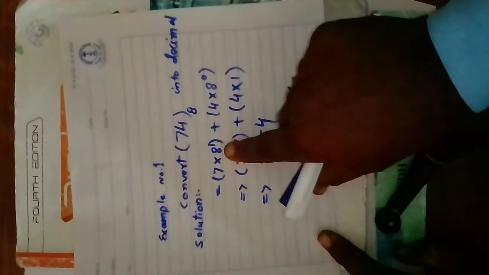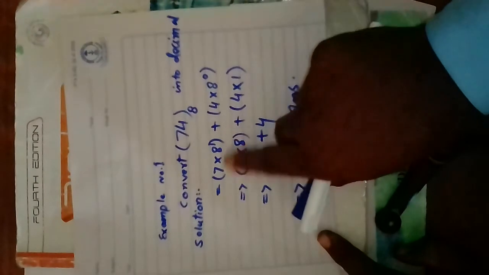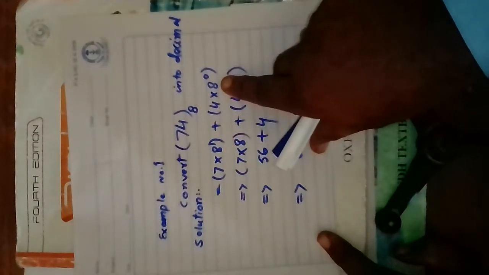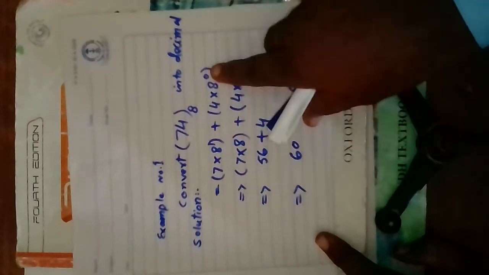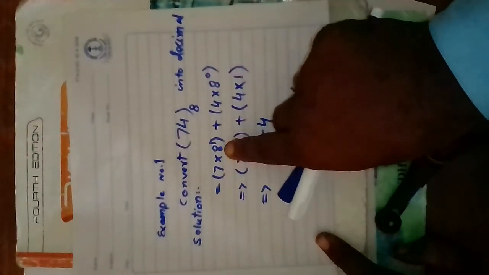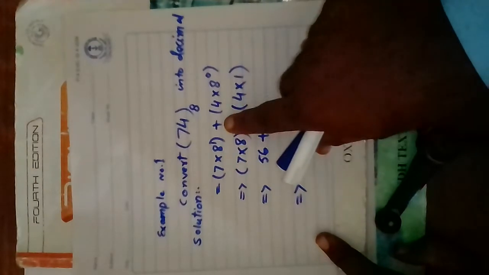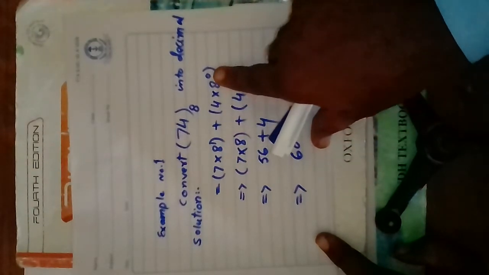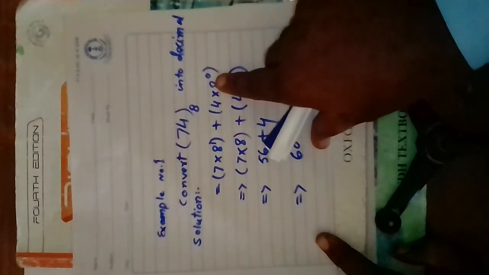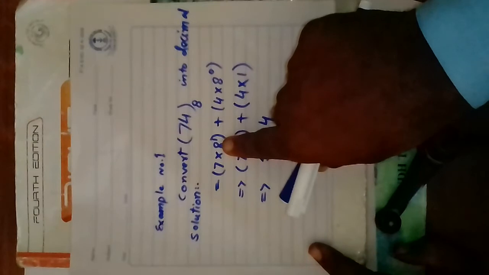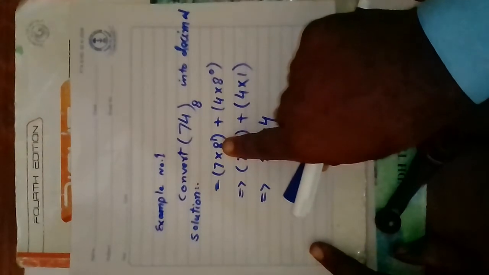After that, we will put both terms into brackets and put the powers starting from 0. Here 7 into 8 plus 4 into 8, we will put power 1 on the first 8 and power 0 on the second.